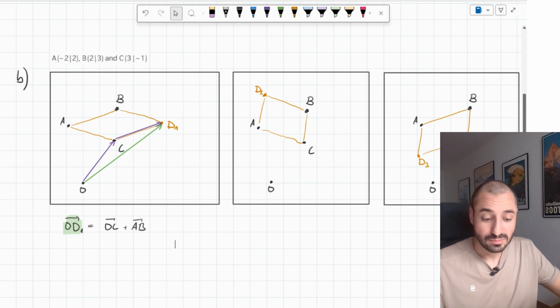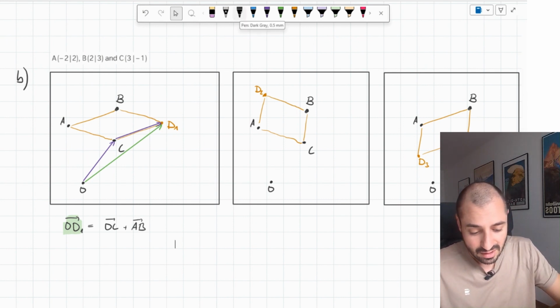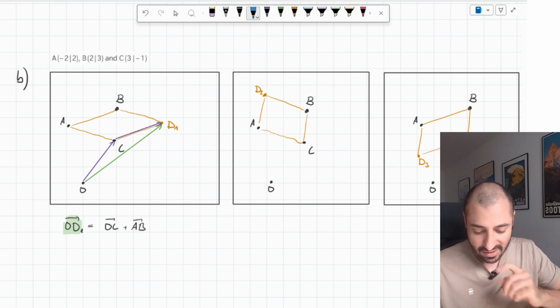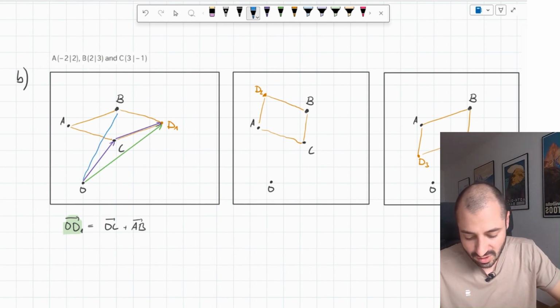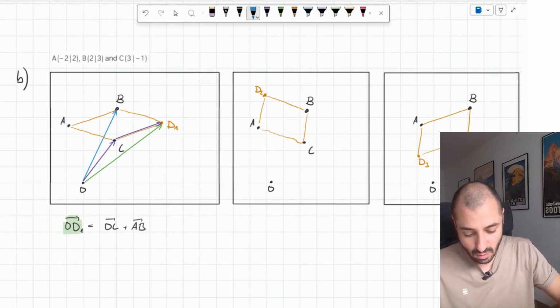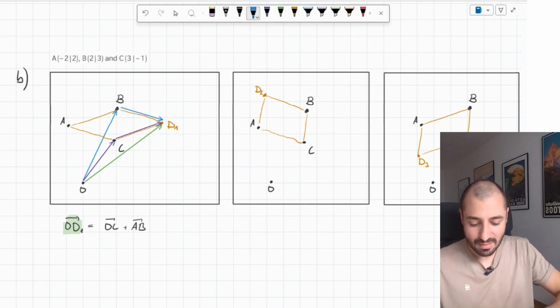You could also look at it differently. You could also say, well, it's this one here. Let's first go here, and then we go over here. Now, how would you describe this vector chain here?